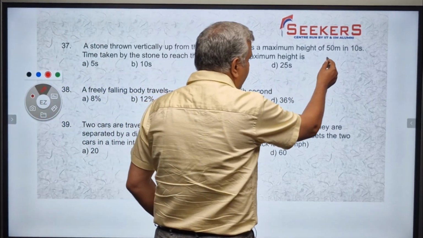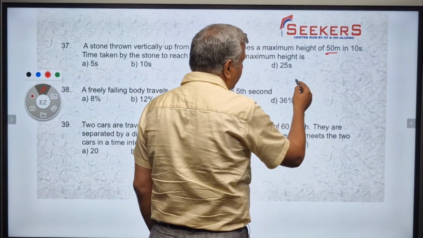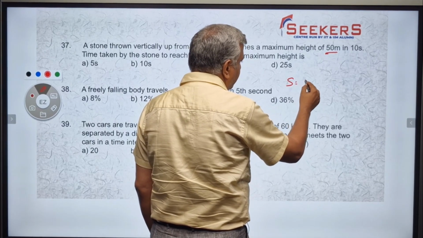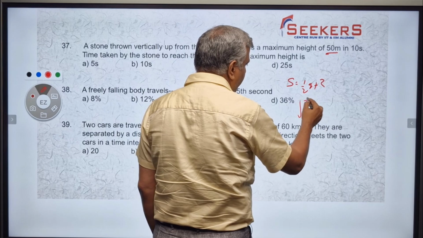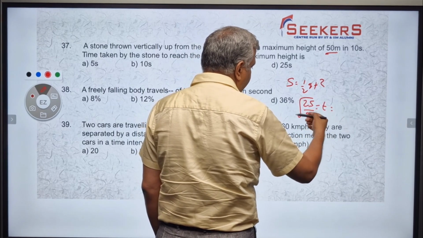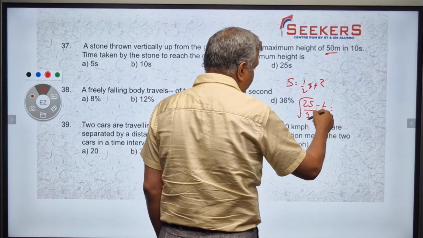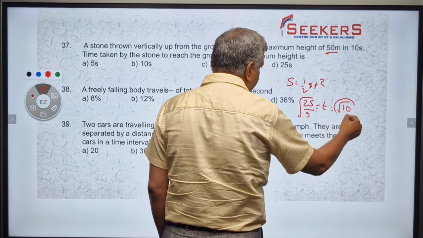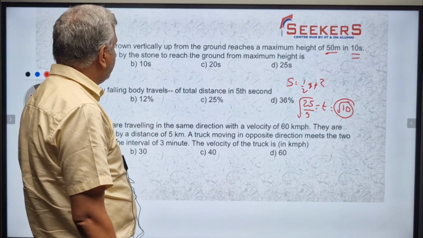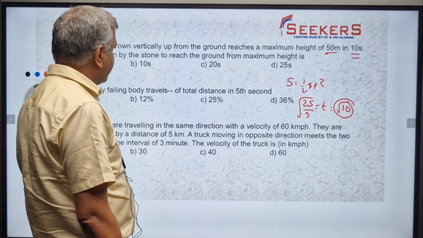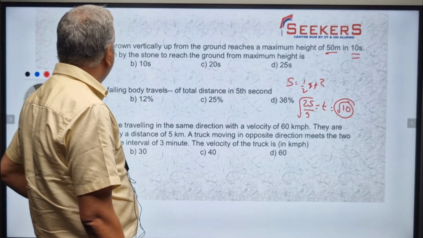If it is reaching a maximum height of 50 meters, then I can say that S is equal to half into G into T squared. So T is equal to square root of 2S by G, and that means it is equal to square root of 100 by 10, so that is square root of 10. So I have some doubts how it can happen in 10 seconds.